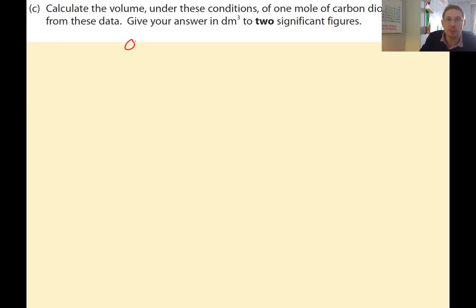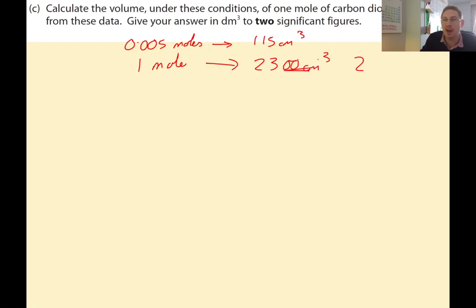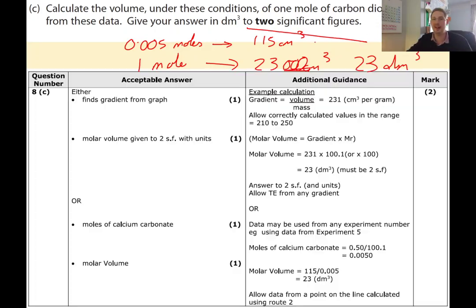So if 0.005 moles gives 115 centimeters cubed, then 1 mole gives us how many? Well, we times that by 200, and we get 23,000 centimeters cubed, which is 23 decimeters cubed. It asks for it to 2 significant figures, don't forget that. So there you go.